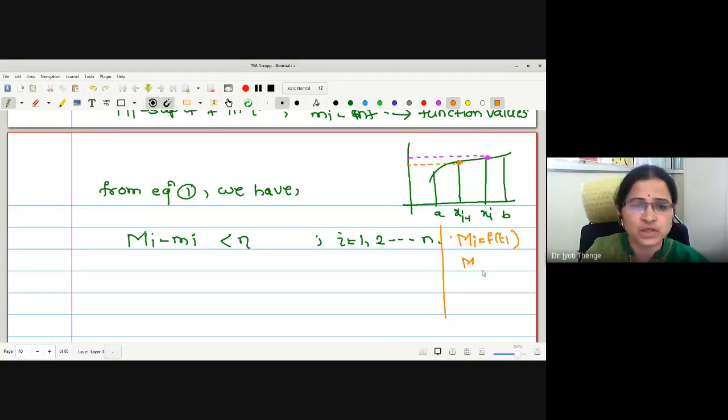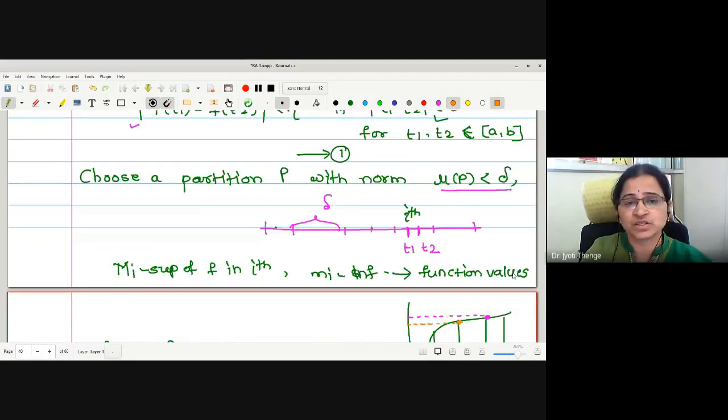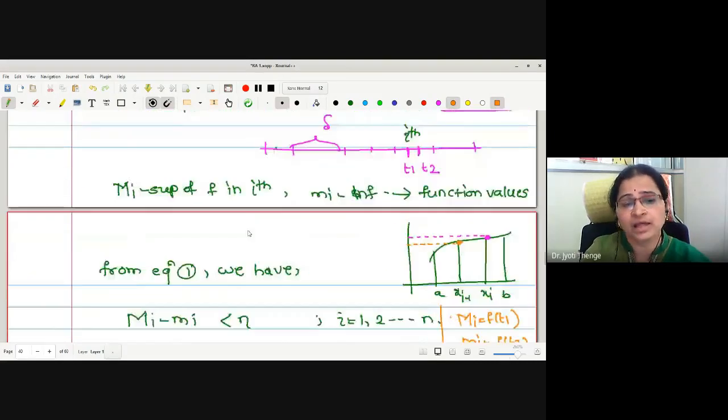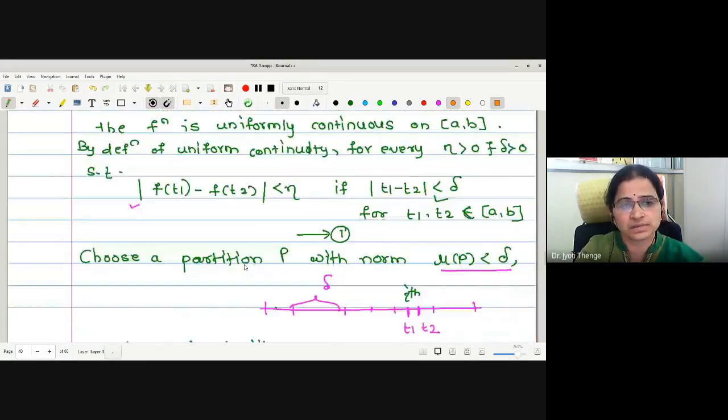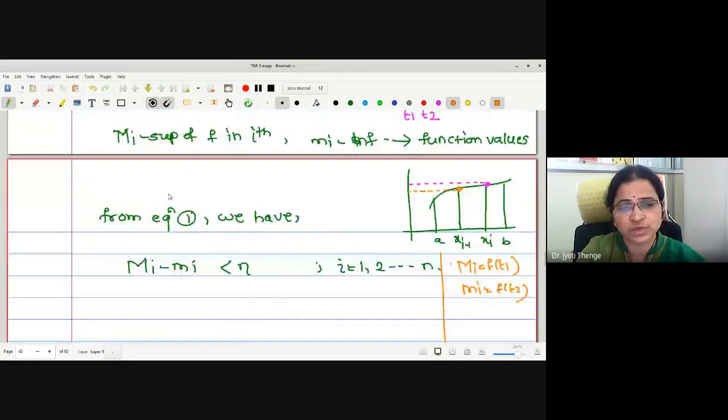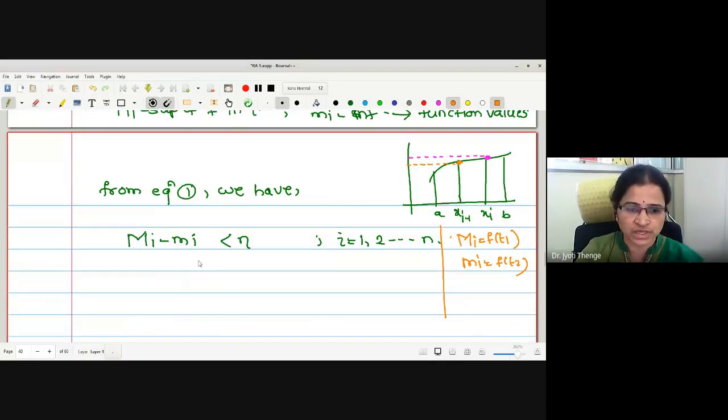And small mi is also another function value, and we are writing the difference between the function values is less than eta. So here I can conclude capital Mi minus small mi is less than epsilon. No need to write modulus, because Mi is always greater or equal to small mi. Suprema is always greater or equal to infima. Is this point clear to everyone? From the definition of uniform continuity, we have concluded this result.